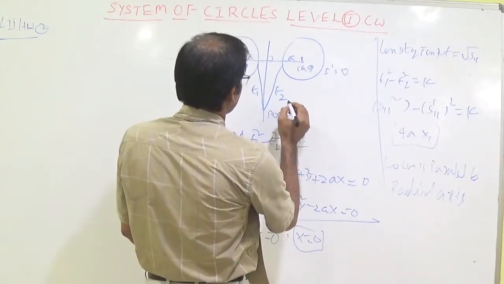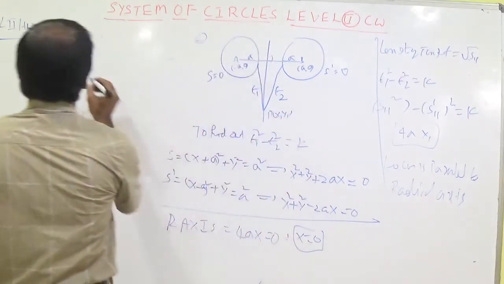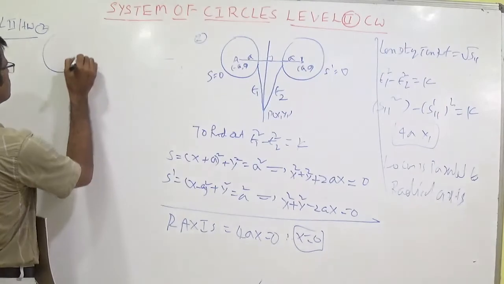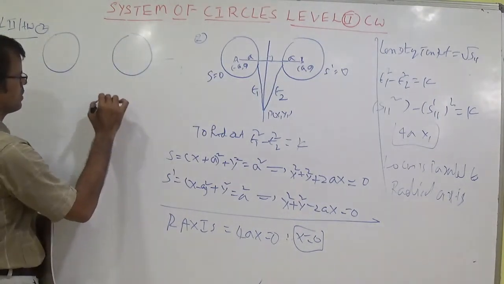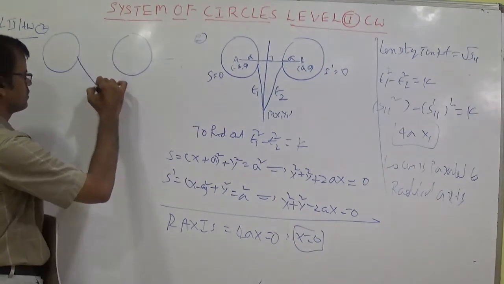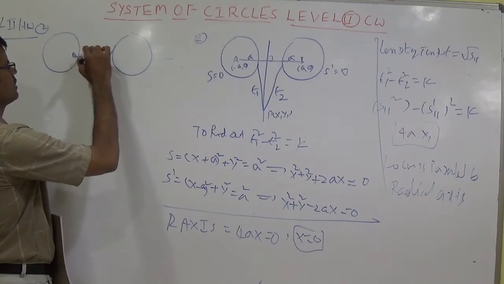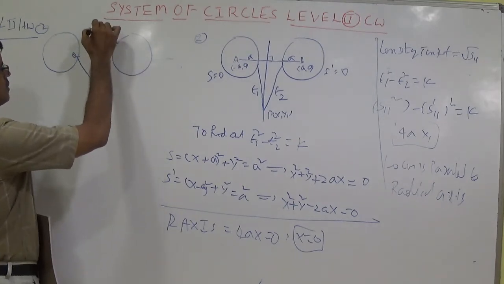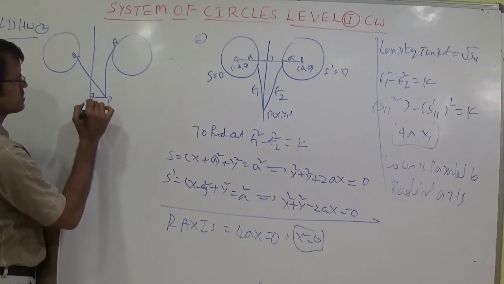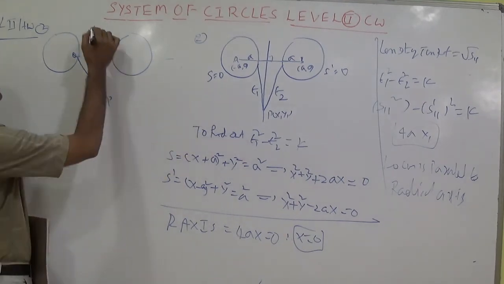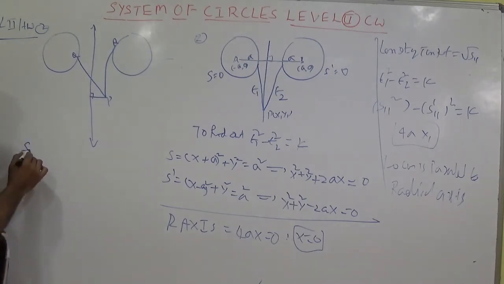So P here you put. From P to the radical axis, just to change the diagram. In the similar way, put P here. From this P we draw tangents, this is Q and this is R. Draw like this. So now this is the radical axis. Of course the locus is parallel to the radical axis.